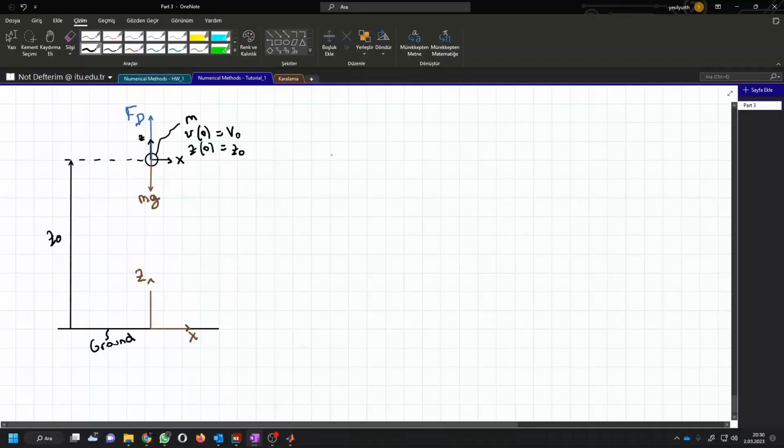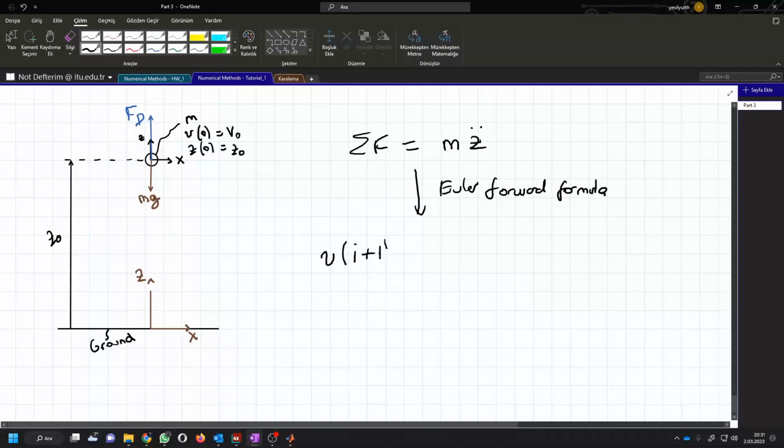So my differential equation was like this: sigma F equals m times z double dot, and Euler forward formula said to me that V i plus 1 is equal to sigma F i over m times delta t plus Vi.